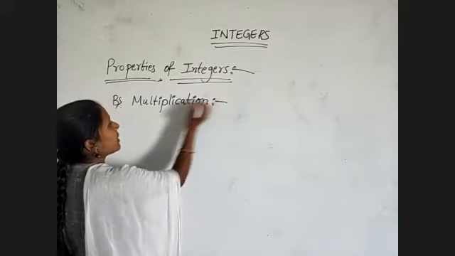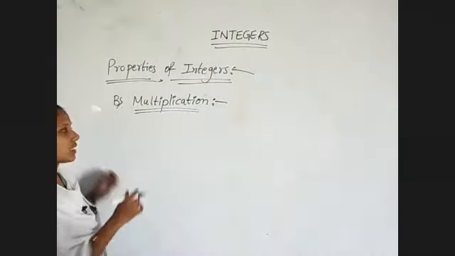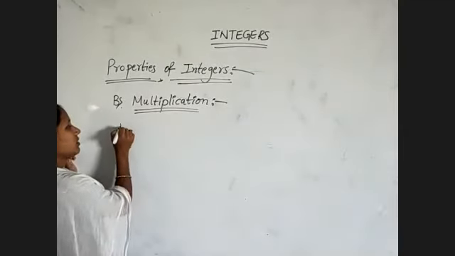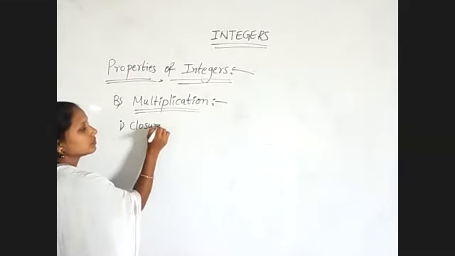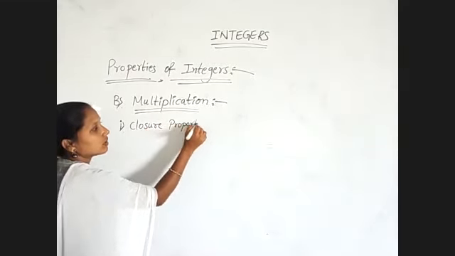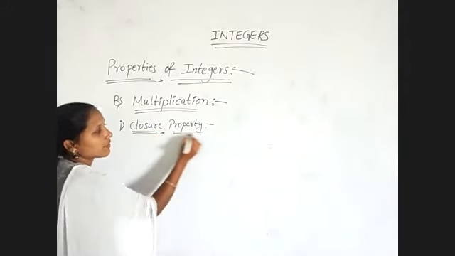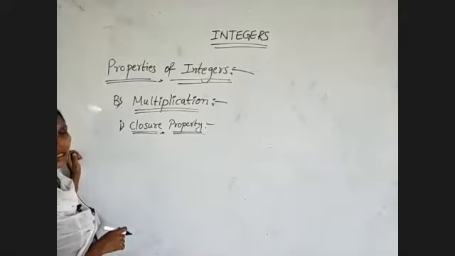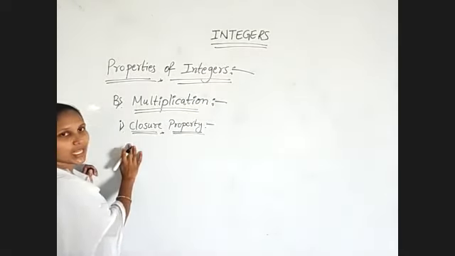Under multiplication, we will see how these properties are satisfied. The first property is closure property. Here I am directly writing the statements with examples, because just now I have explained very clearly in the case of addition.